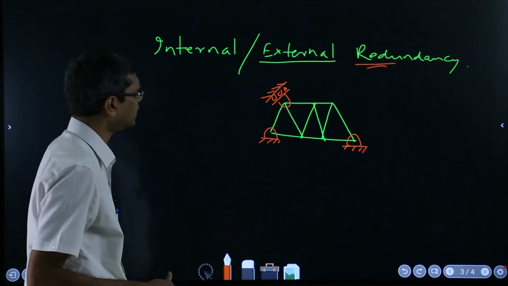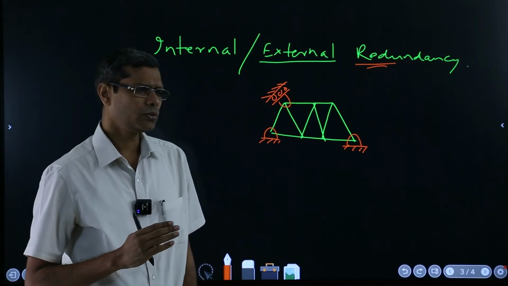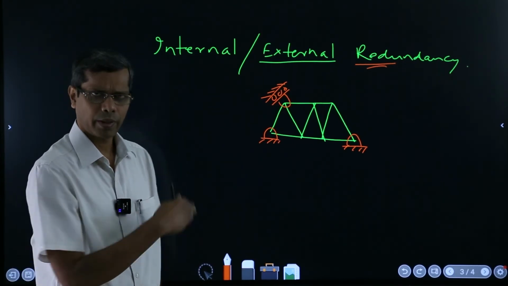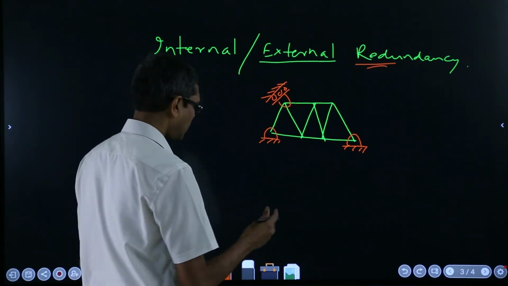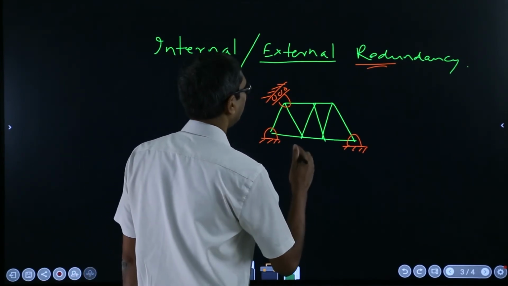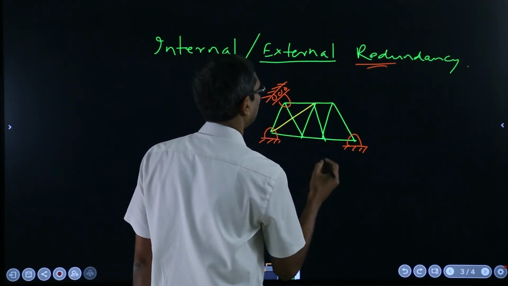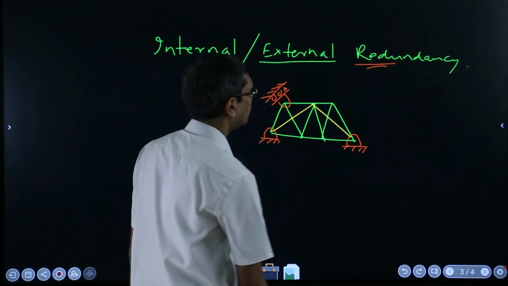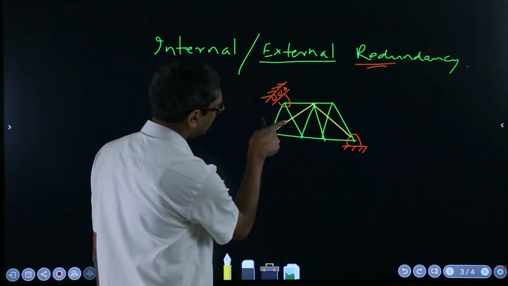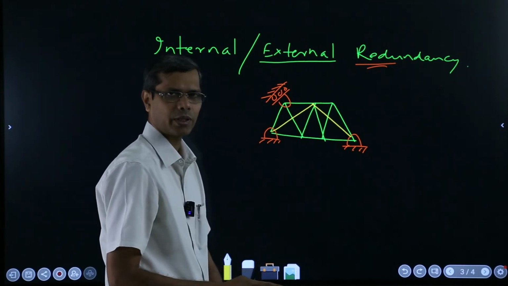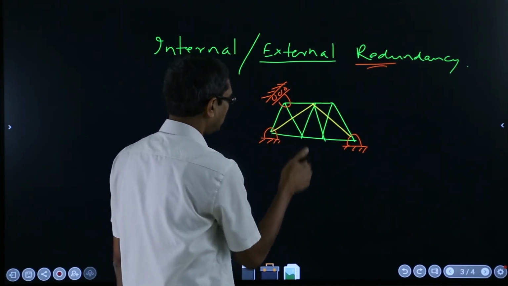Then what about internally redundant? Internal redundant means you have some members which, if you remove them, the system still won't fall. For example, this will be a stable structure, but if I also join members like this, I put two more members like that, and they are overlapping, not crossing each other or joined to each other.